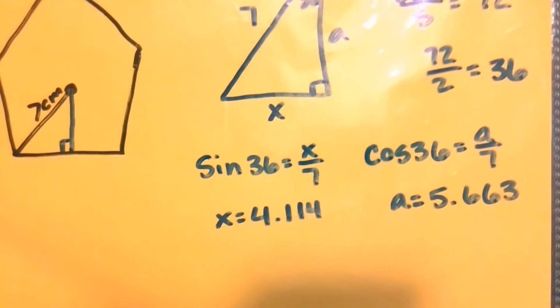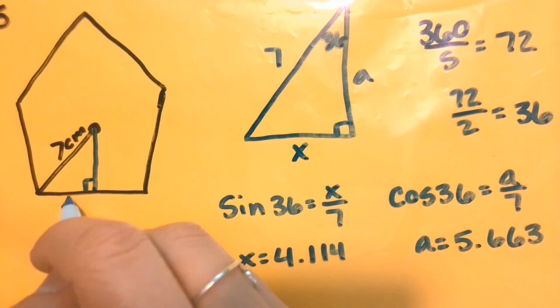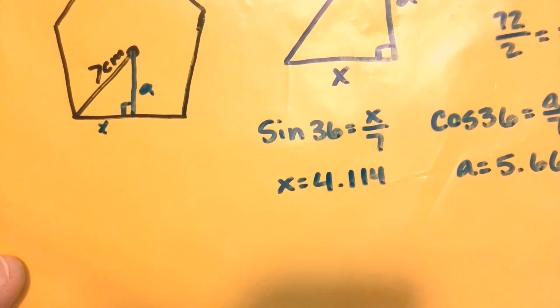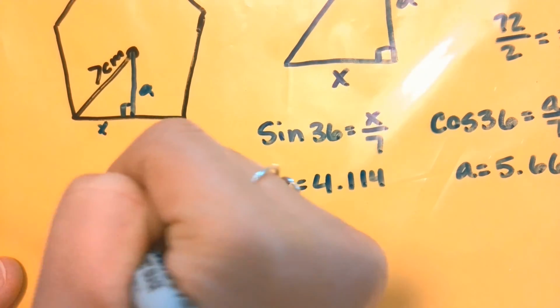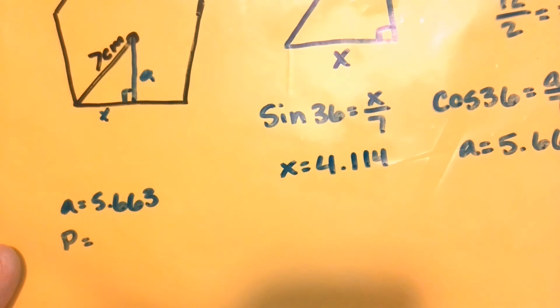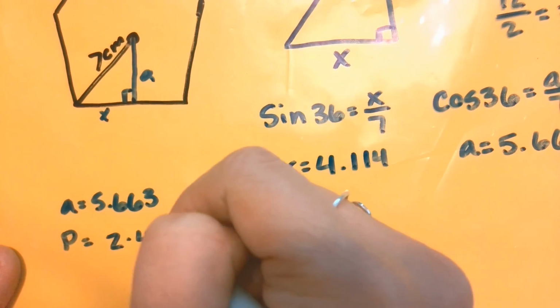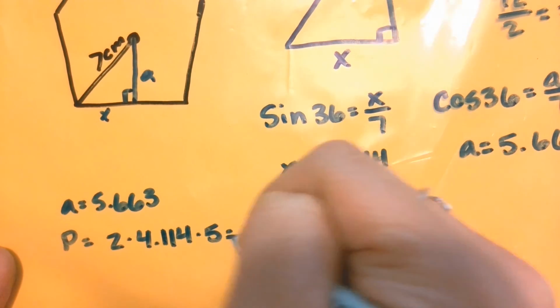Anywho. Now that I've got my apothem and then half of my side, remember that x value was only half of the side length. So that means my apothem is that 5.663, but my perimeter is going to be 2 times 4.114 times the number of sides, so times 5.